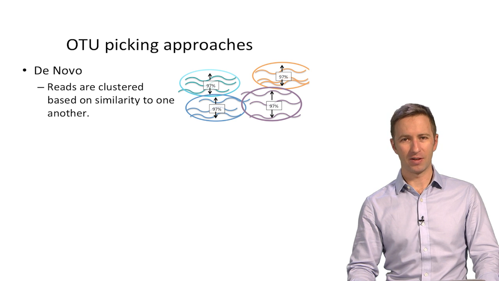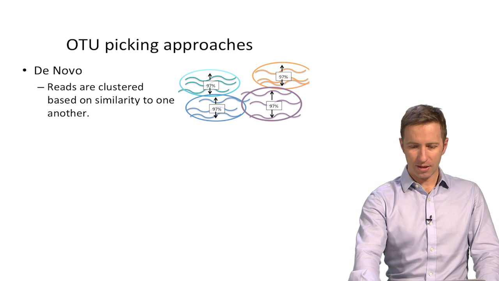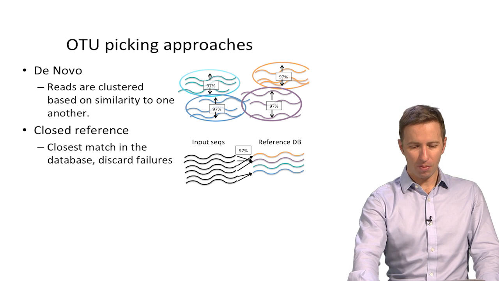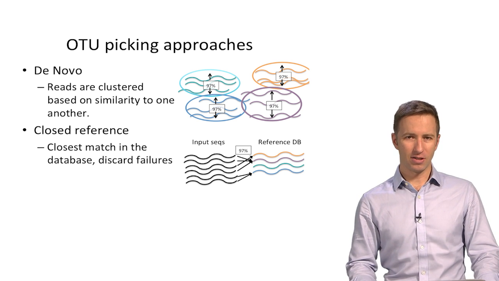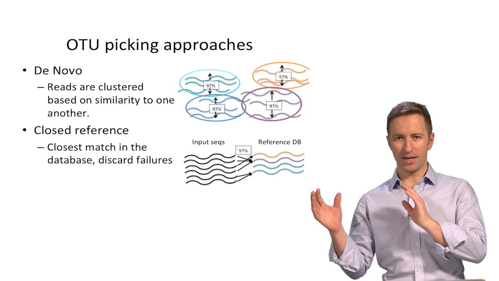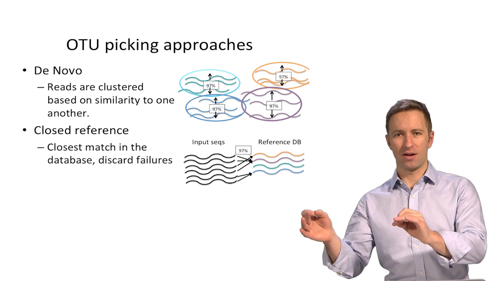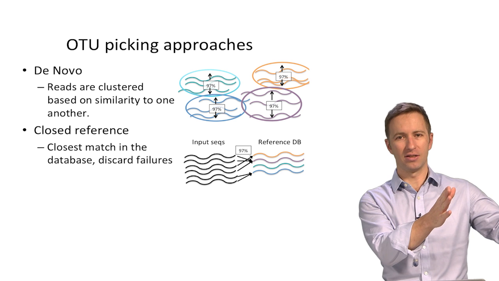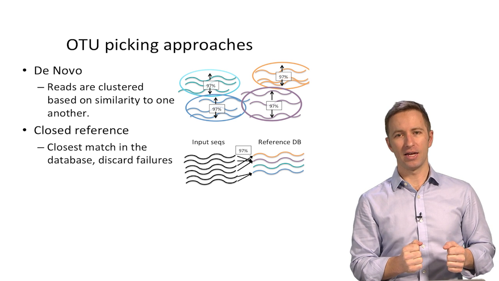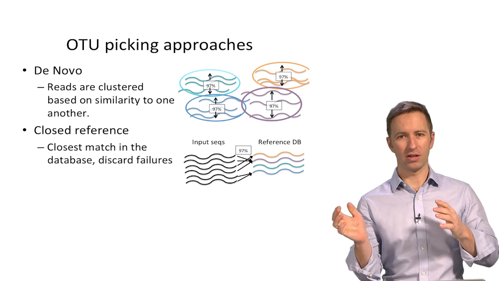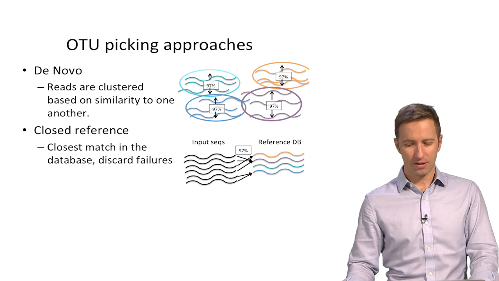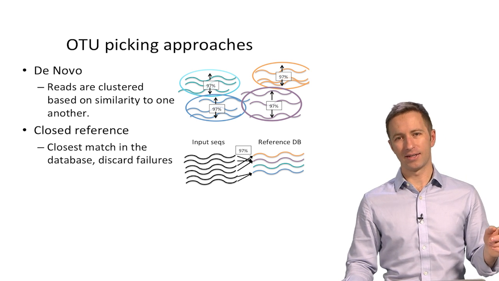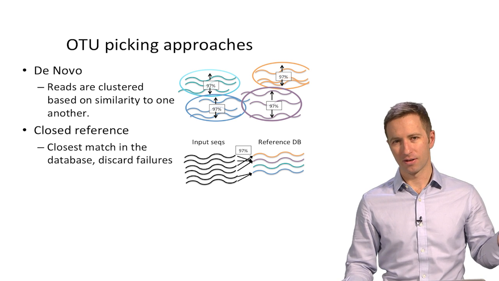You know, how do you identify the best clusters? And then the complementary approach is closed reference OTU picking. So this is where you simply take every input sequence, find a close match in a reference database, and then you call it that OTU or that species. And here, if anything doesn't hit the reference database, you throw it out.